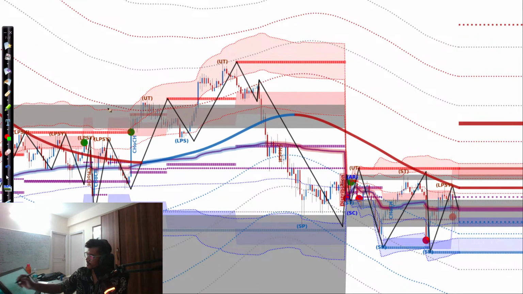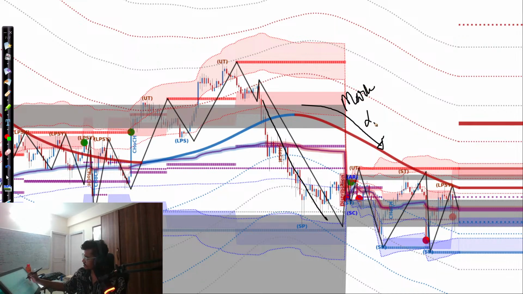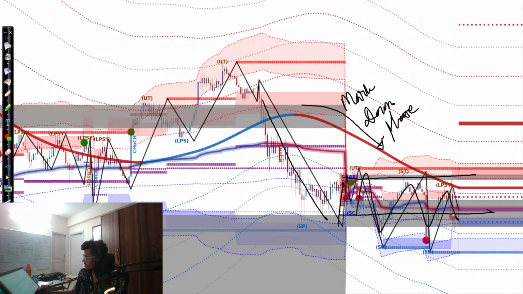Yeah, and as soon as this started, basically the markdown phase, we build another structure here, and that's why we are building the cause here.